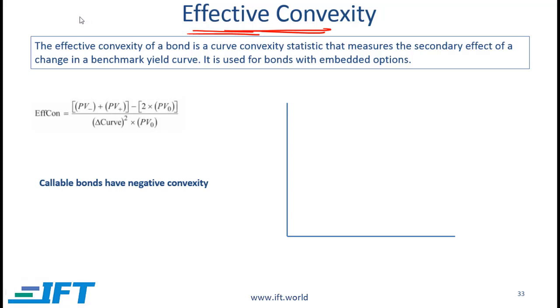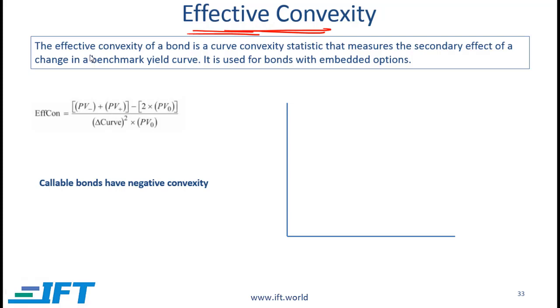So if you have a bond where the cash flow is not deterministic, in other words, the timing and amount of cash flow is not known for sure, then it is inappropriate to use Macaulay duration or modified duration. Then we use effective duration. And with effective duration, we take changes in the benchmark rates or changes in the benchmark curve. The same applies to effective convexity.